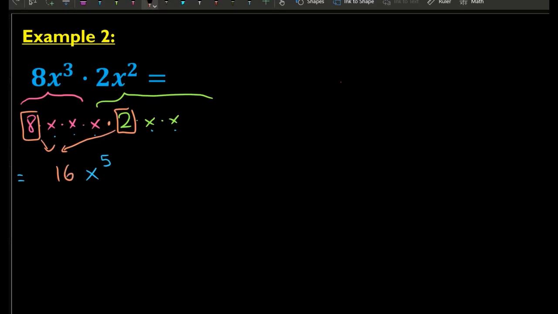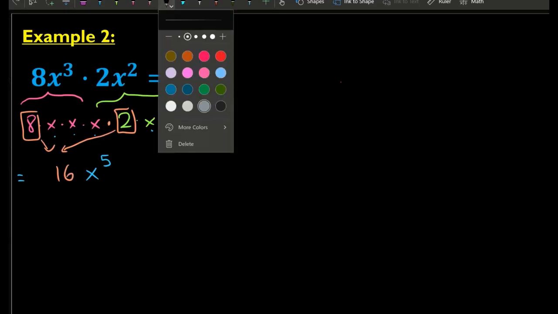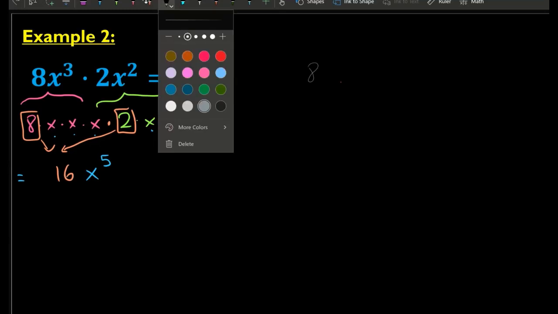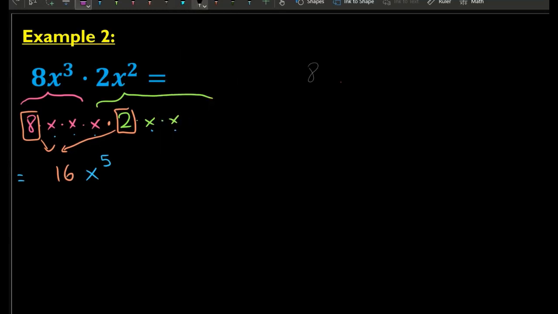Alright, if we go the short way, like we just learned earlier, I'm sorry, I'm going to erase this really quick. Then we have 8x to the third power times 2x squared.